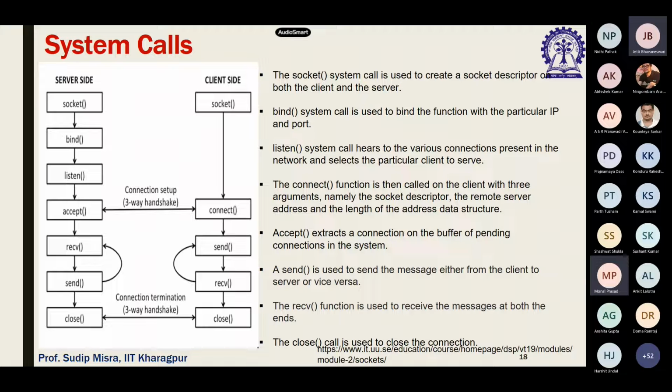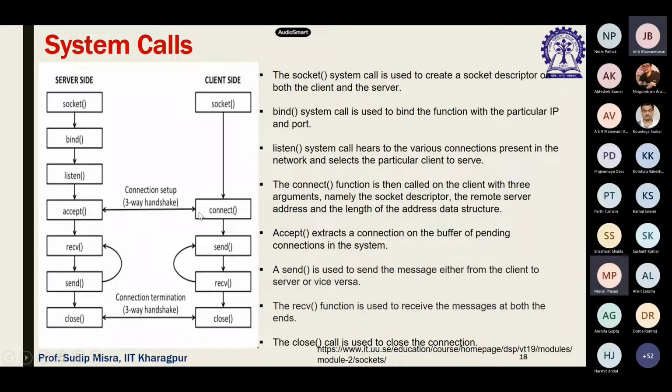The connect function is called on the client with 3 arguments, namely the socket descriptor, the remote server address, and the length of the address data structure. So this is done. So connect, and then it sends a connection request, right?